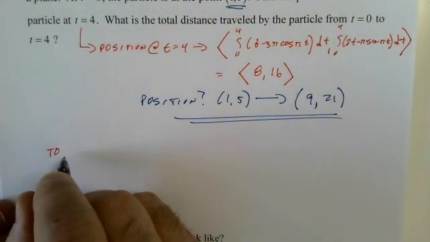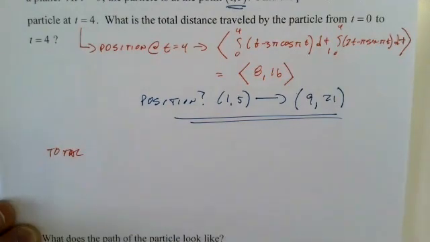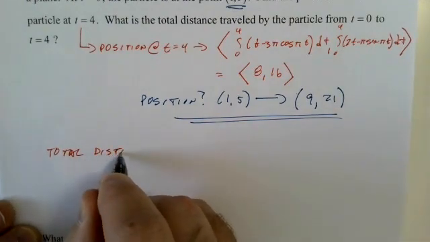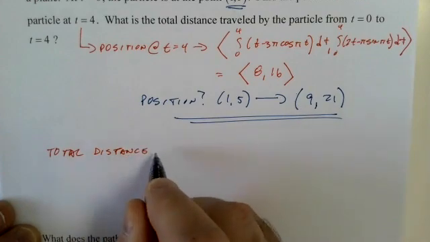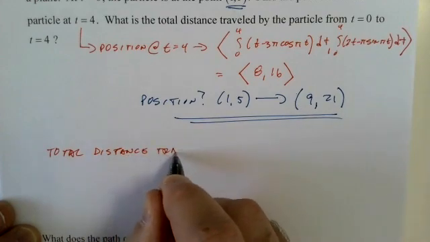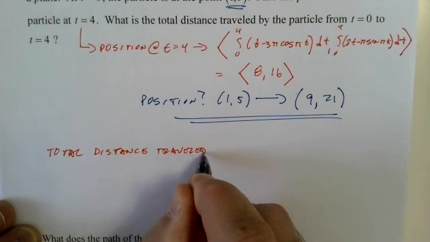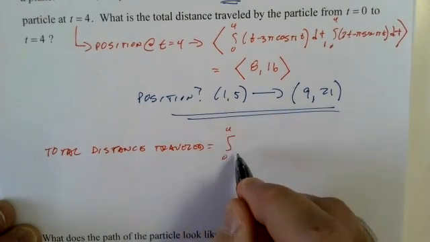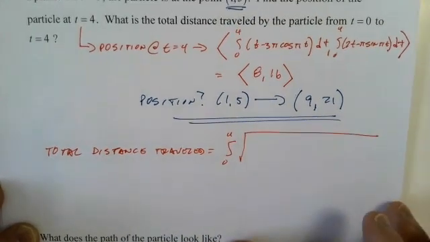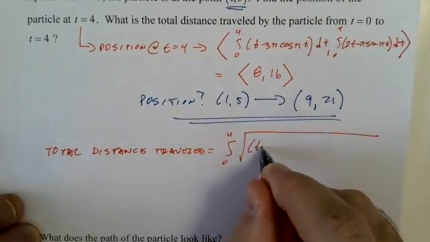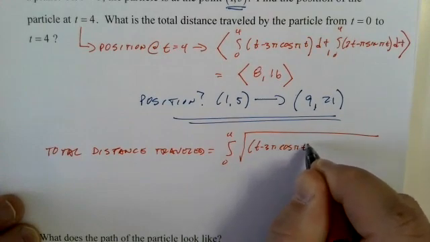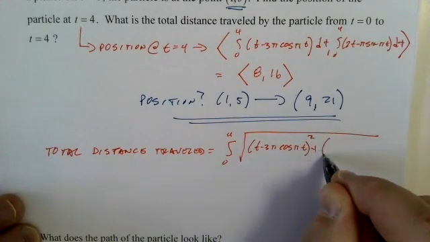All right. Total distance traveled. I don't care where it started. I don't care where it ends. The total distance traveled. Integral on the outside, 0 to 4, big honking square root of t minus 3 pi cosine of pi t quantity squared plus 2t minus pi sine of pi t squared dt.